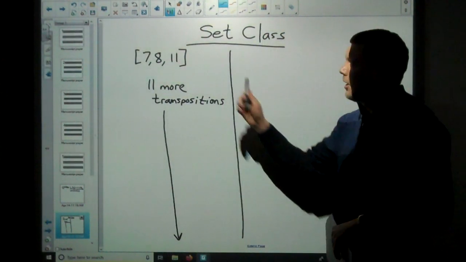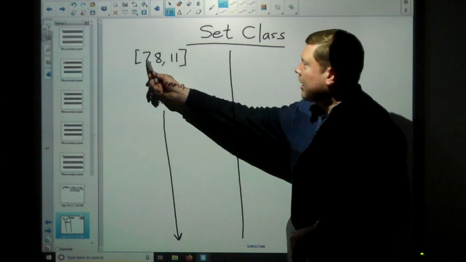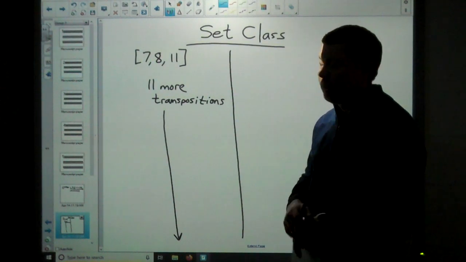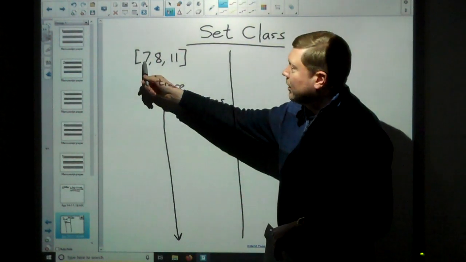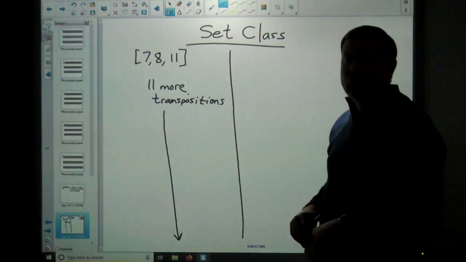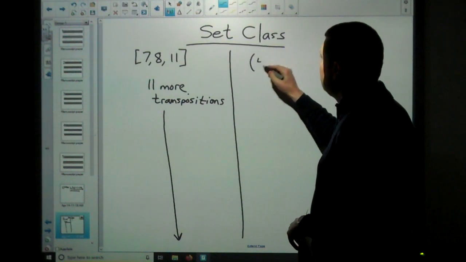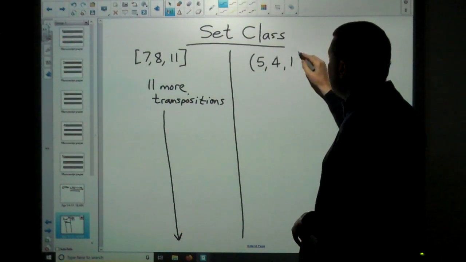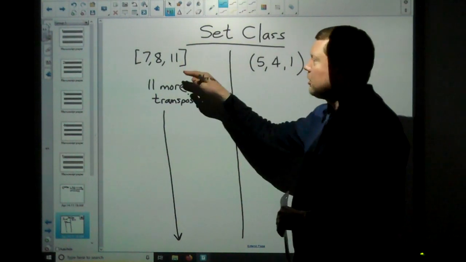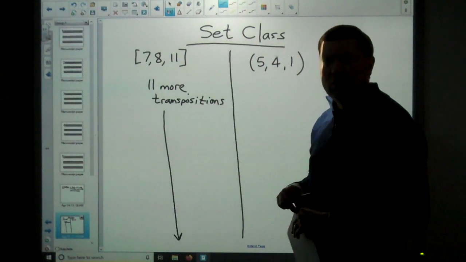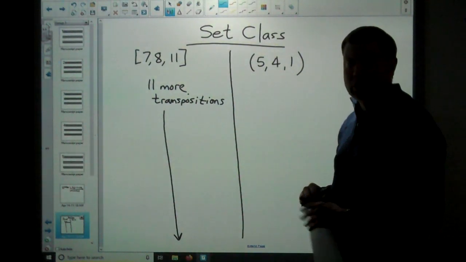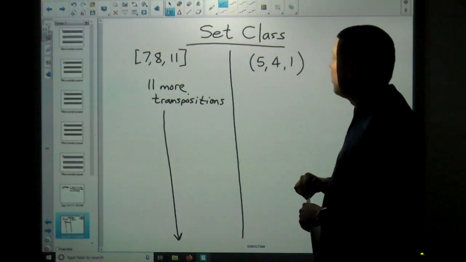Then, if we were to invert the set, that is, subtract all of these pitch class members of the set from 12, I would get 12 minus 7 is 5, 12 minus 8 is 4, and 12 minus 11 is 1. I would get 5, 4, 1. Now, I've done some of the legwork already in preparation for this lecture, and we know that normally when you invert a set, it knocks it out of normal order, which is why I have listed it over here in curvy parentheses rather than square brackets.